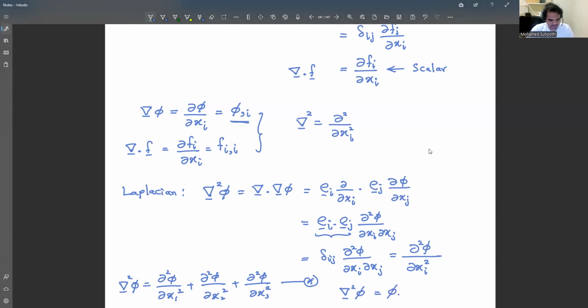Phi is the scalar. We are going to differentiate it with respect to the vector two times. This is the index notation we can use for this one. This is also index notation, but this is also another way of writing that. This is some kind of shorthand writing, right?